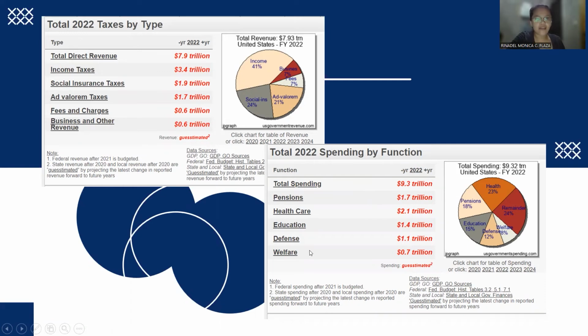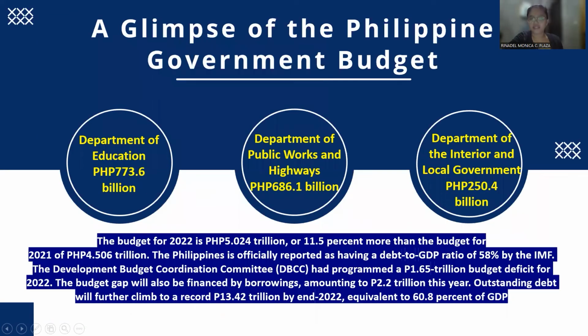So now let's have a glimpse of the Philippine government budget. The budget for 2022 in the Philippine government is 5.24 trillion. It is 11.5% more than the budget for last year, 2021. The budget plan is centered on three primary pillars of strategy. First, building resilience amid the pandemic, sustaining momentum toward recovery, and continuing the legacy of infrastructure development.